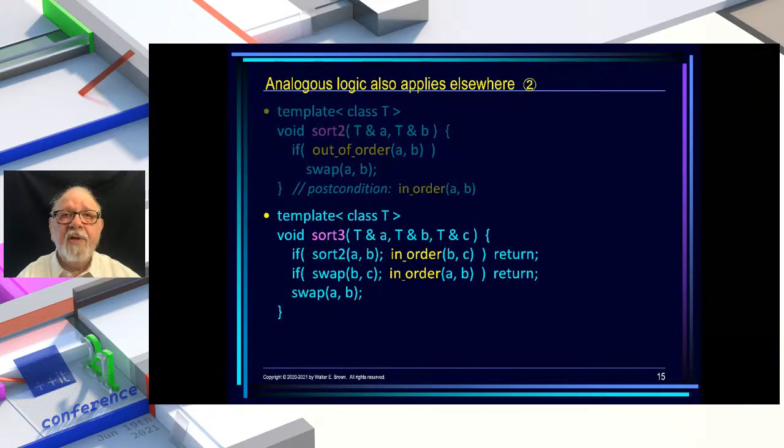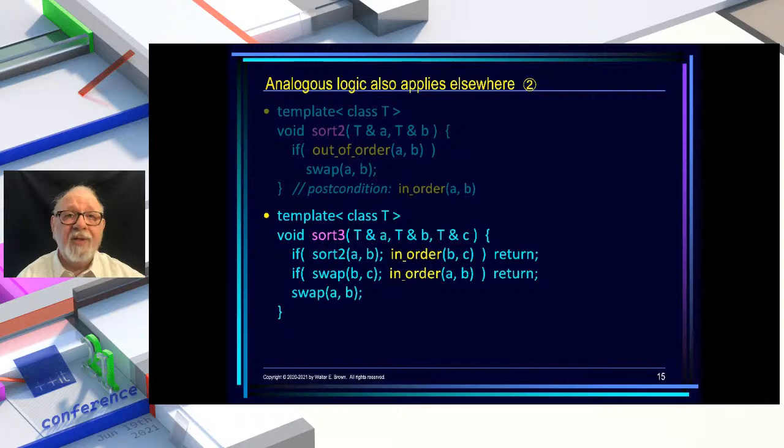So we are given three items this time, A, B, and C, again by reference. If after sorting A and B, and I do that by calling the algorithm above, of course, we now know because of the post condition that A and B are in order. If it turns out that B and C happen also to be in order, we can do an early return.